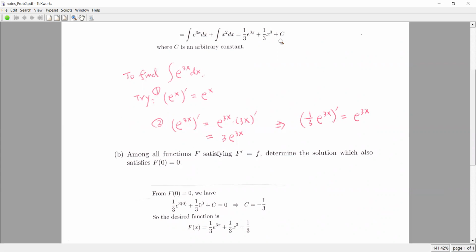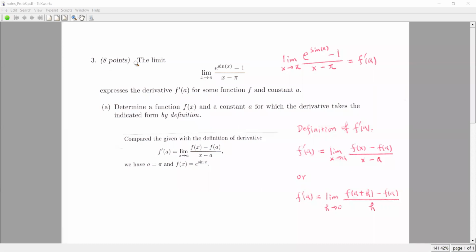Set the result to 0, then I have this equation. From this equation, c is negative 1/3. Therefore, the capital F that satisfies this equation and also satisfies this condition is this function.